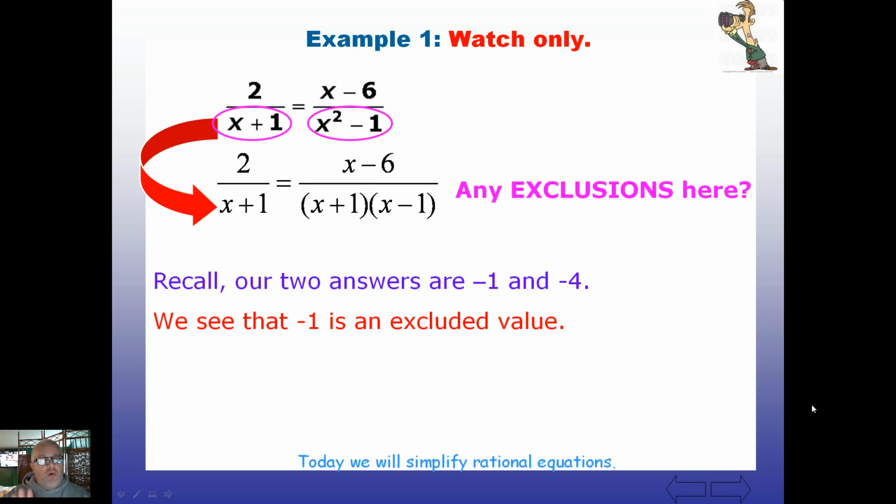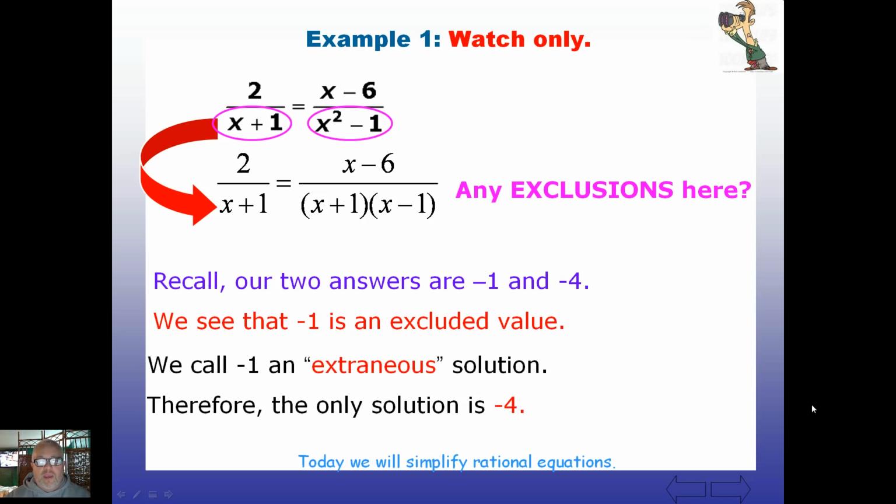In one or both cases, the answer is going to be 0. That's not acceptable. So we call negative 1 an excluded value or an extraneous solution. So the only solution here is negative 4. Though we had 2 to begin with, when we double checked where we started from, we tossed out negative 1 because it cannot be part of our solution.